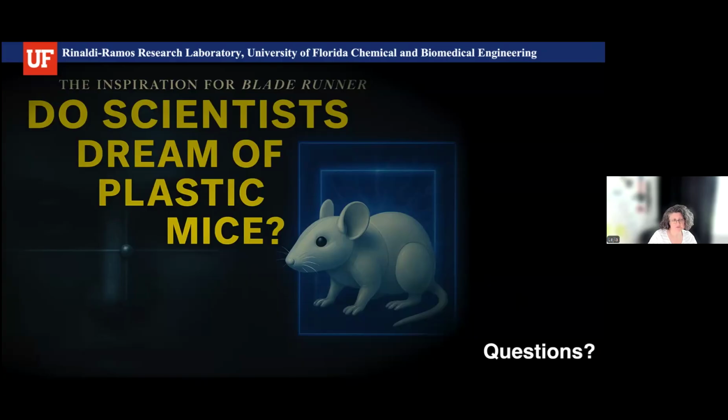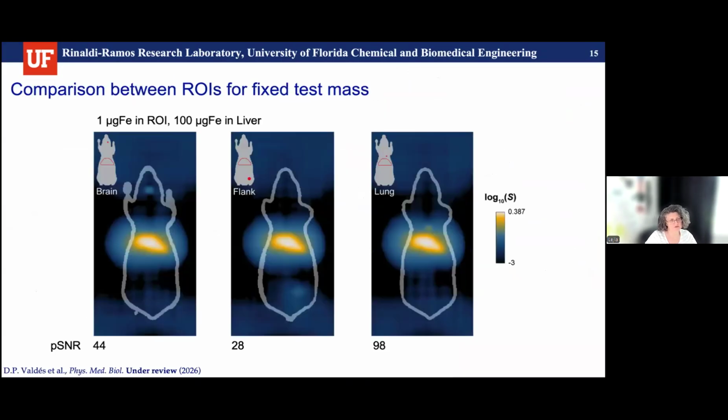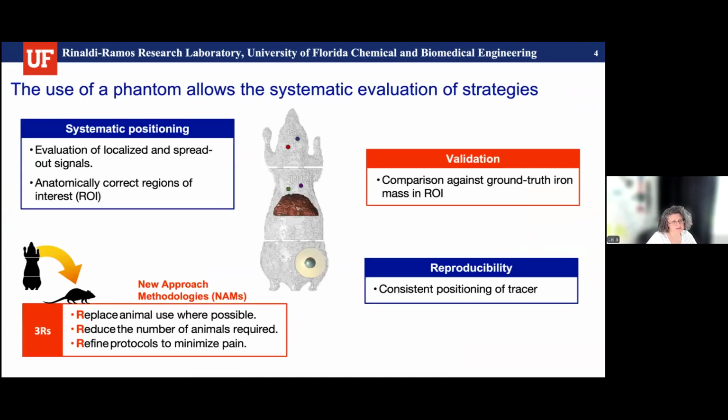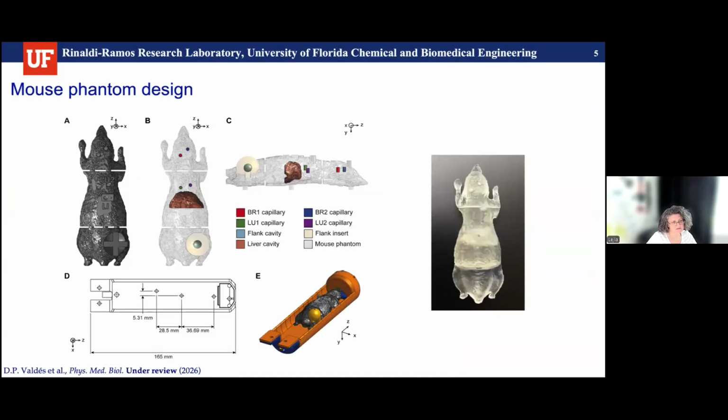With one of the first slides you had basically your phantom, and it's still under review. So I suppose it's the work you're just starting with. Could you take us a little bit through validation and ground truth?